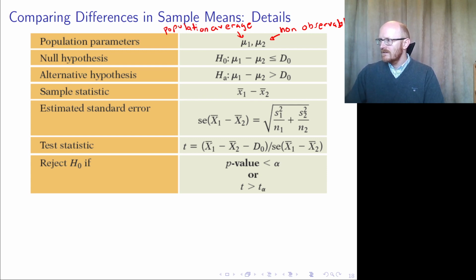So this is the population average of group 1 and 2.